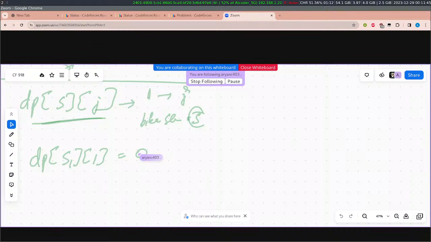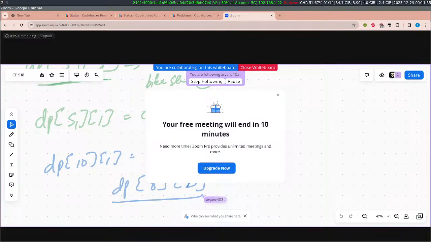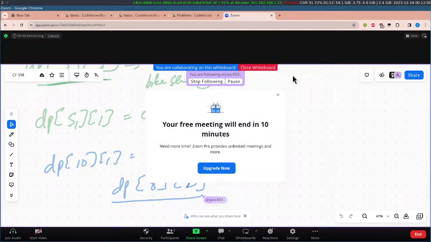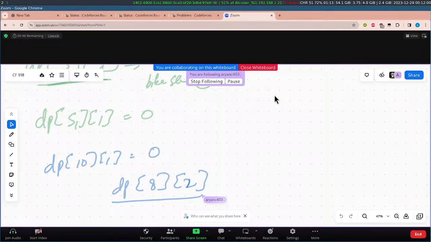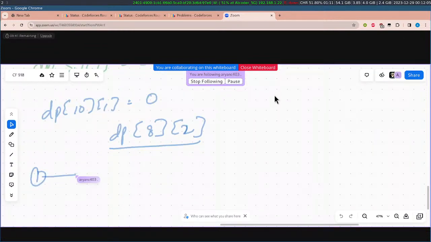So let's say DP[10][1] is 0, then we can try to find DP[8][2]. If we want to find DP[8][2], we have a bike with slowness 8 when we reach 2. The way would be to start from 1 with slowness 10, go somewhere where you can purchase a bike with slowness 8, and then go to 2.